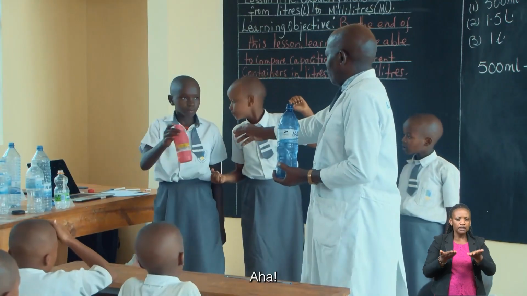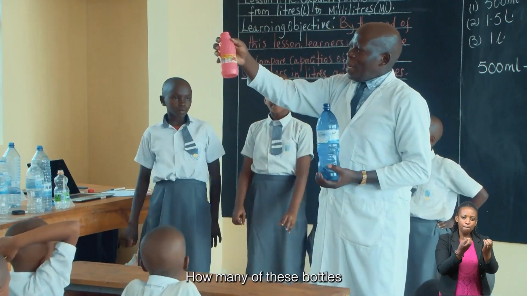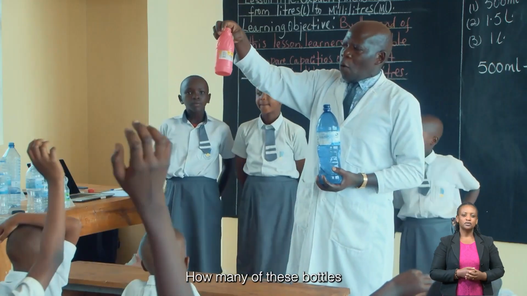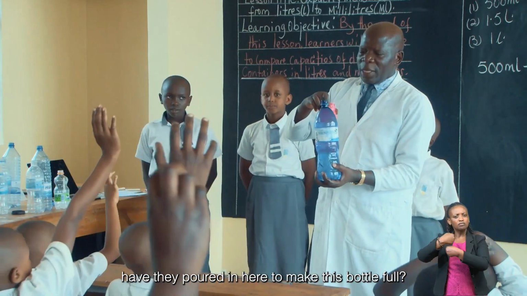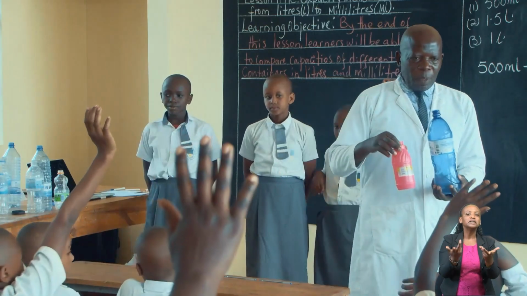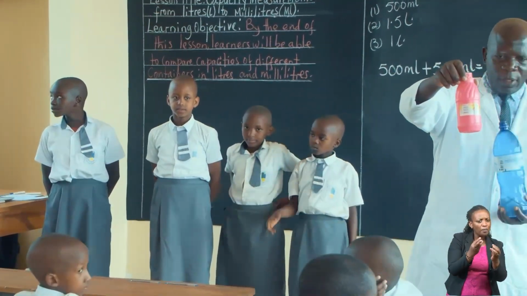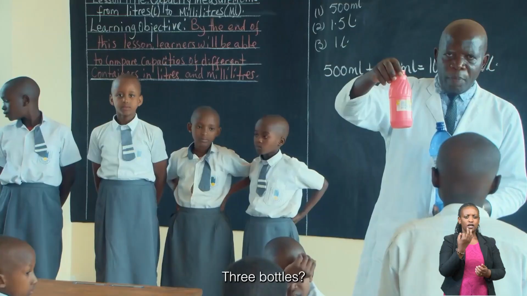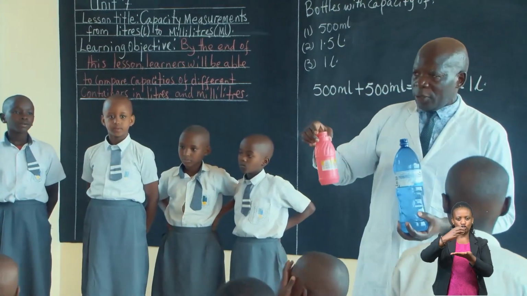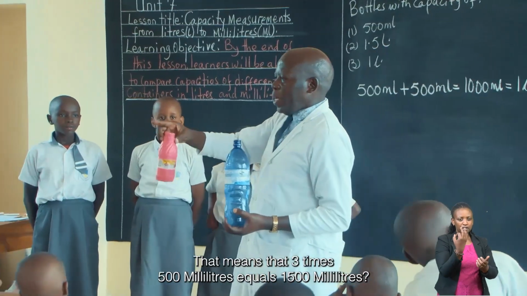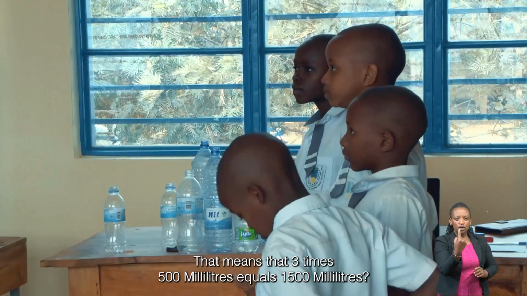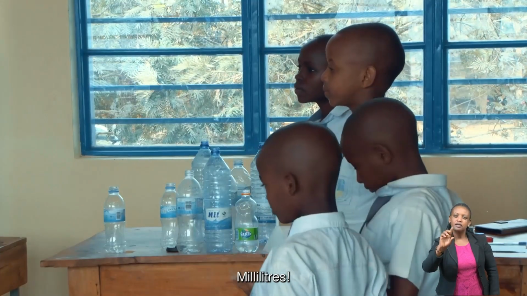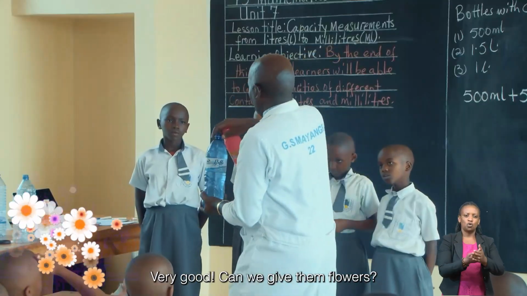Again, how many of these bottles have they poured in here to make this bottle full? Yes, how many of these? 3 bottles. That means that 3 times 500 milliliters equals 1,500 milliliters. Very good. Can we give them flowers?